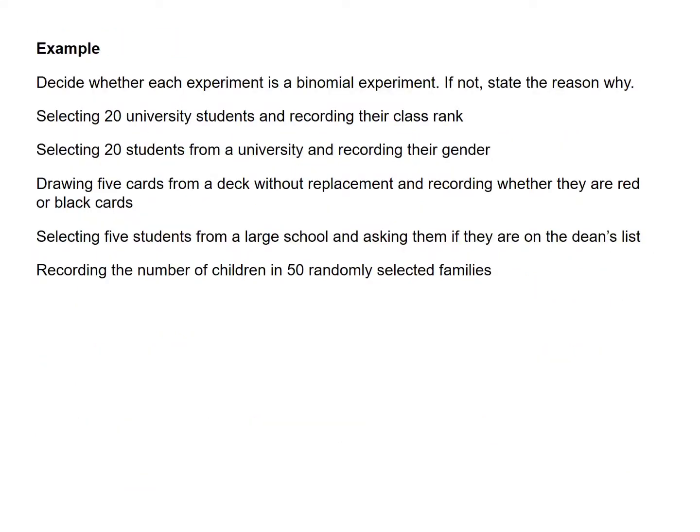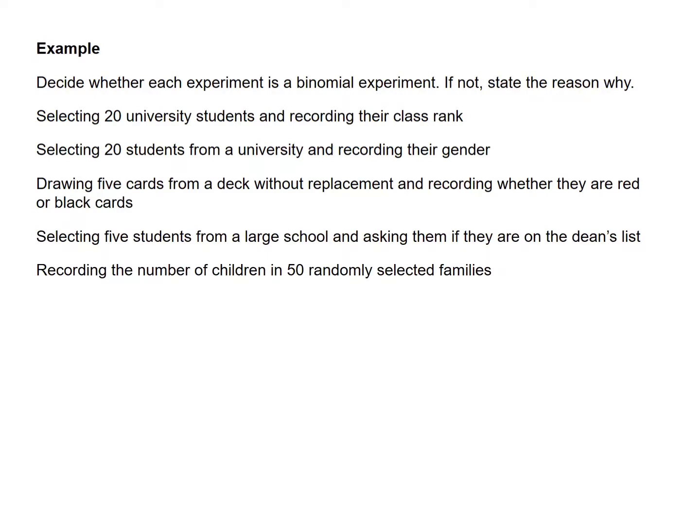We have: decide whether each experiment is a binomial experiment. If not, state the reason why. Of course I'm going to go over these, but you try to answer them yourself by maybe pausing the video. First: selecting 20 university students and recording their class rank.